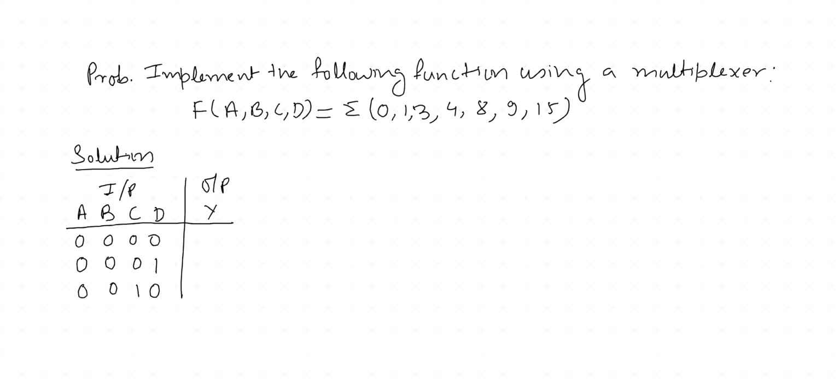Next is 0, 0, 1, 1. Next combination is 0, 1, 0, 0.